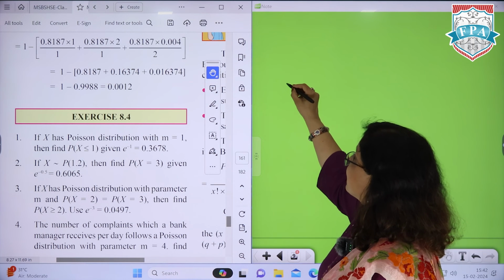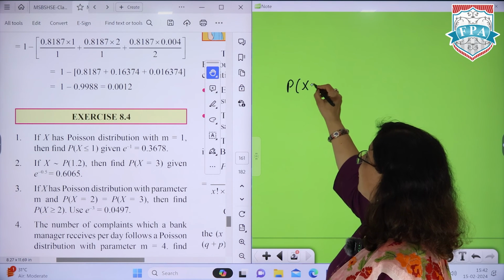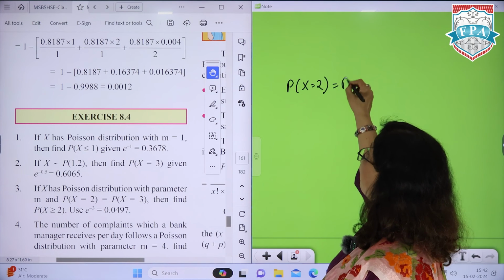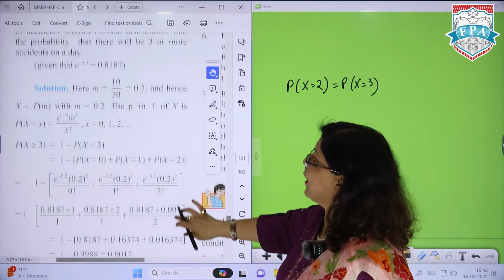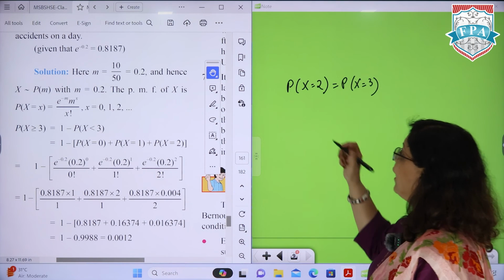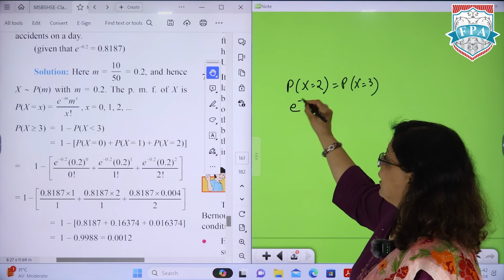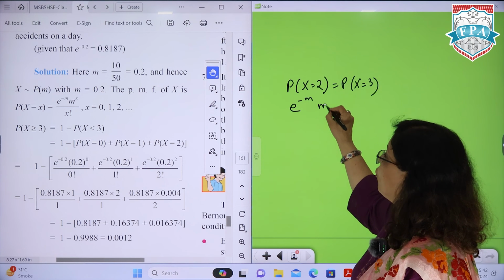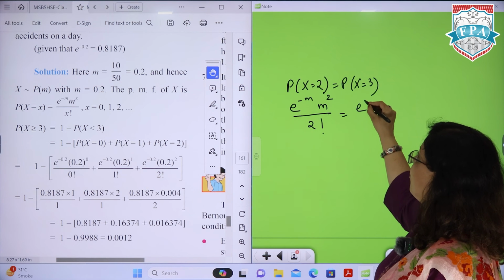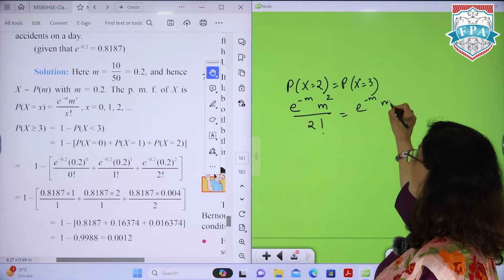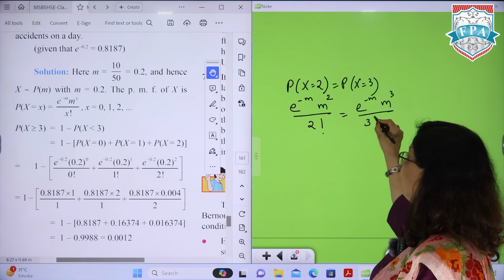So let's see, first thing which is given is P(x equal to 2) is equal to P(x equal to 3). So when we put the formula over here, for x equal to 2, we are getting e to the power of minus m, m to the power of 2 upon factorial 2, is equal to e to the power of minus m, m to the power of 3 upon factorial 3.